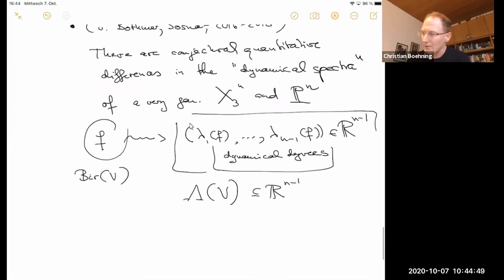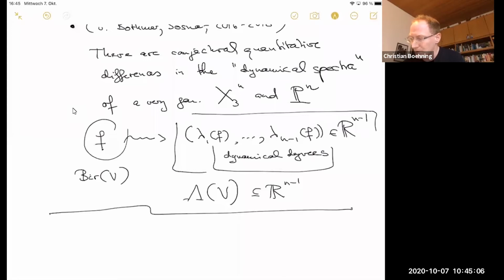And well, we have quite a few conjectures about how this subset of R^{n-1} could, in the case of a very general cubic fourfold at least, be much more restricted, or subject to more stringent restrictions, than the dynamical spectrum of P^4, which is natural because we would think of the Cremona group somehow as being the wildest birational automorphism group, maybe among all n-folds.